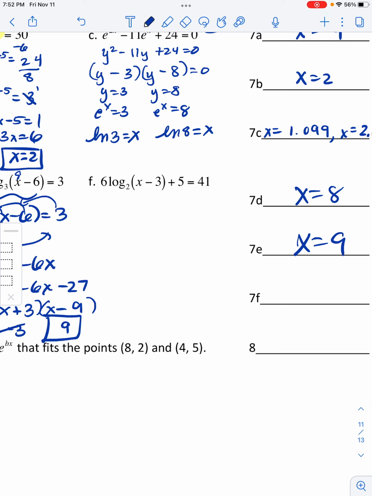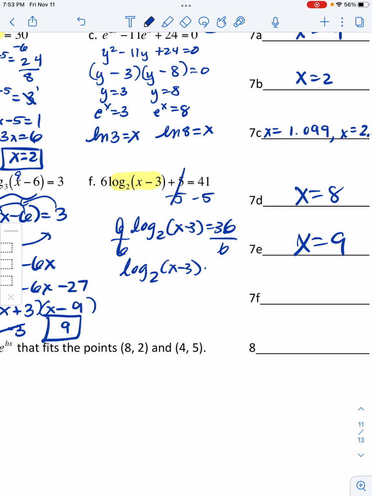All right, here I need to get the log part alone, and so I'm going to get rid of the other stuff. So again, whether it's smiley faces, triangles, or squirrels, you just have to think of what gets moved first. This is going to get moved first. So now I have this. And I can just go ahead and divide the 6 out. So now I have the log part isolated, which is what you got to do.